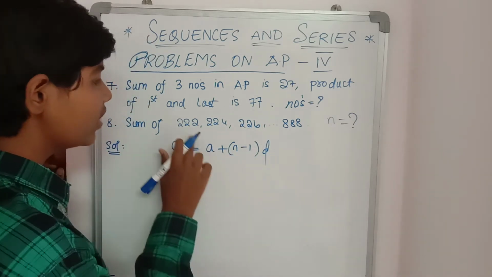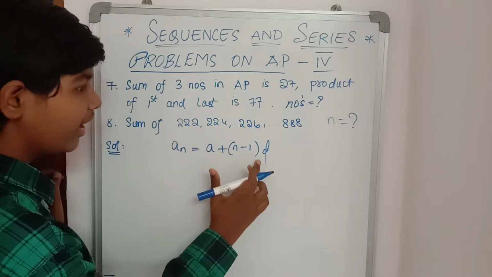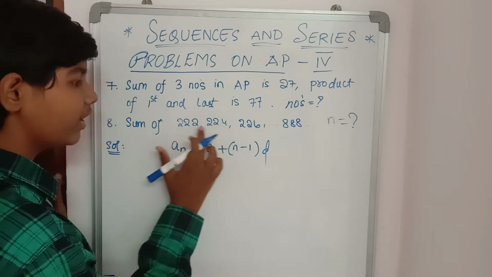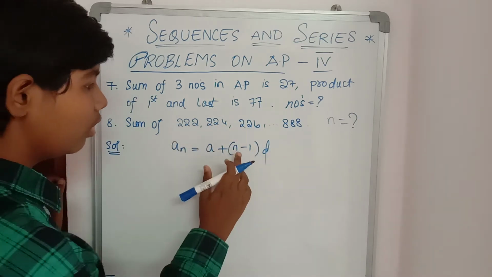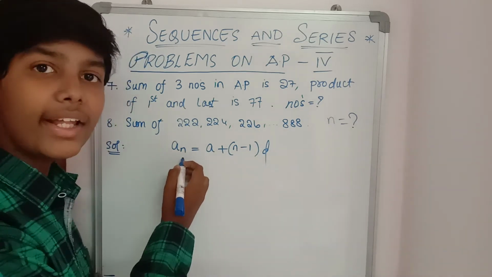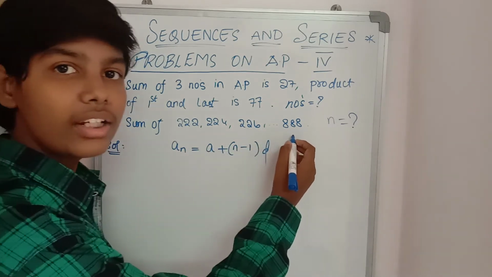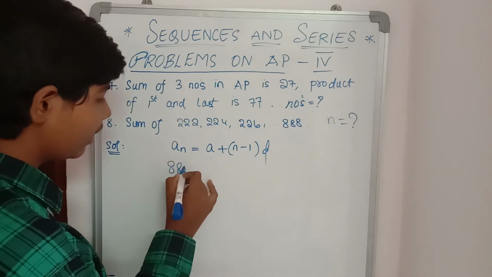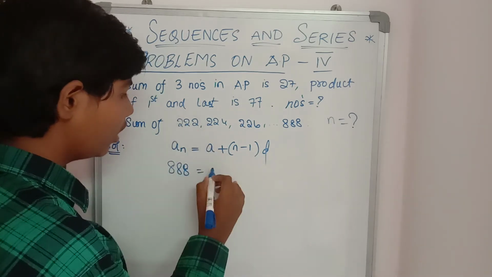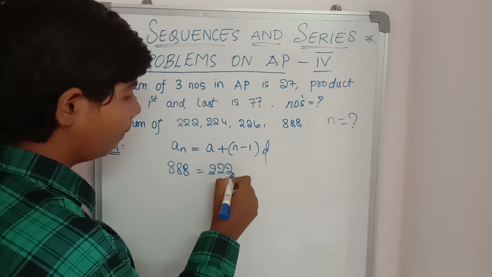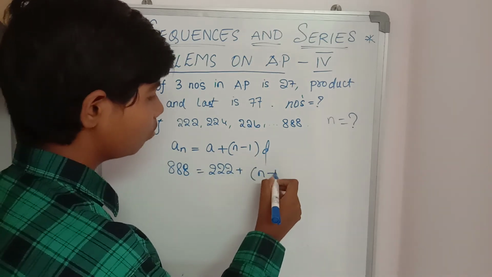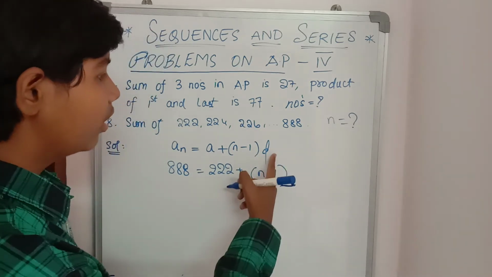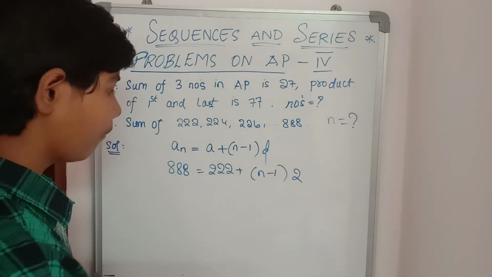The first term A is 222, and D is 224 minus 222, which is 2. We don't know n, and the nth term is given as 888. Substituting, 888 is equal to 222 plus n minus 1 into 2.